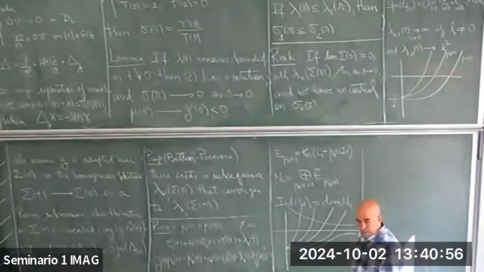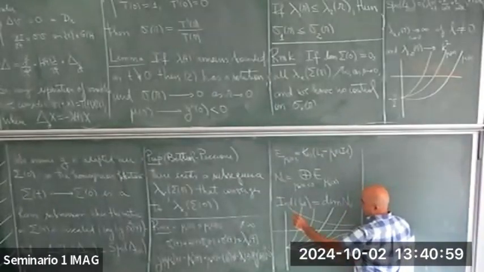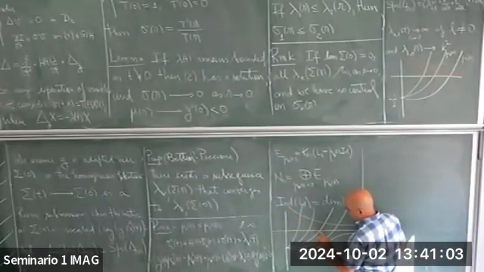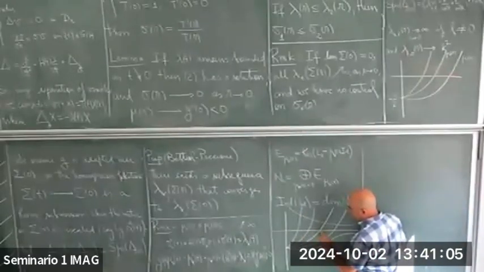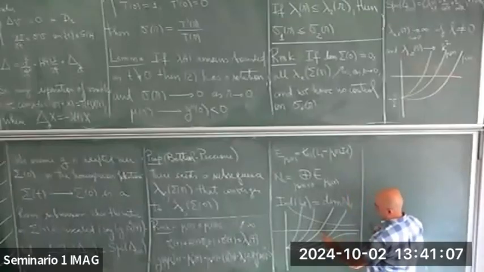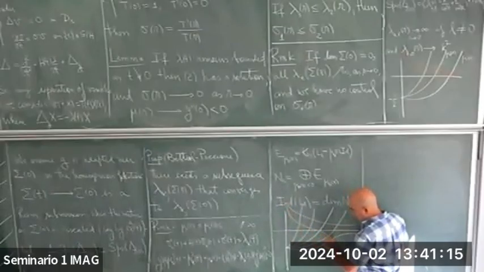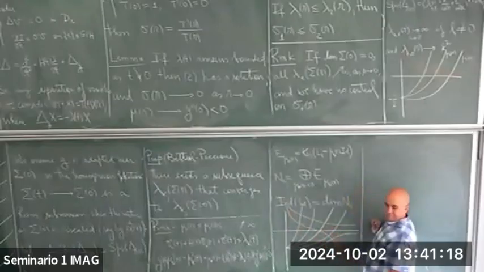And what may happen is, we don't believe in that, but it may happen, so this is a zero for the eigenvalue. At this point, maybe one of those eigenvalues that goes up here may intersect right here.